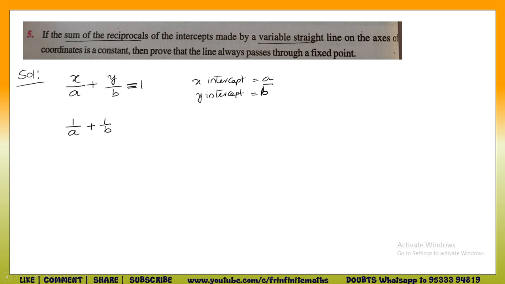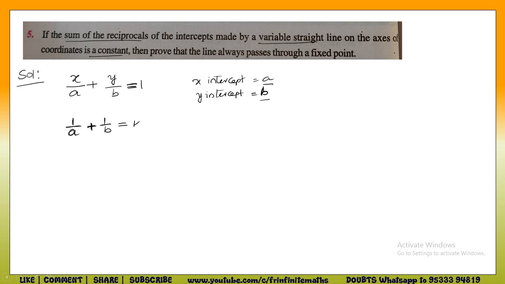Since a and b are intercepts, the reciprocals are 1 by a and 1 by b, and he is saying their sum is a constant.